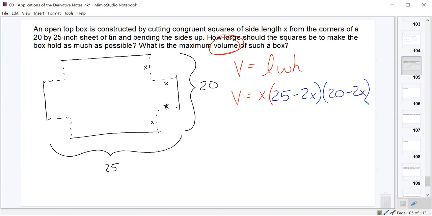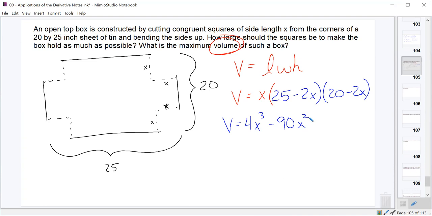And if we go ahead and distribute all of this together, negative 2x times negative 2x is 4x squared. And if we multiply that by the other x, that would be 4x cubed. And then we've got a negative 2x times 20 and a negative 2x times 25. That's a negative 40 and a negative 50. So that's negative 90x, and then it's getting multiplied by another x, so negative 90x squared.